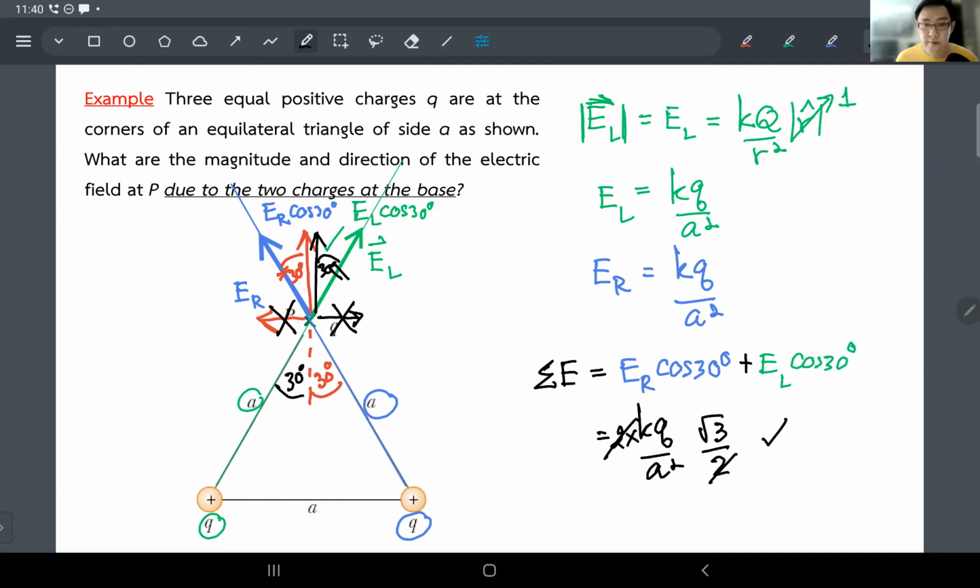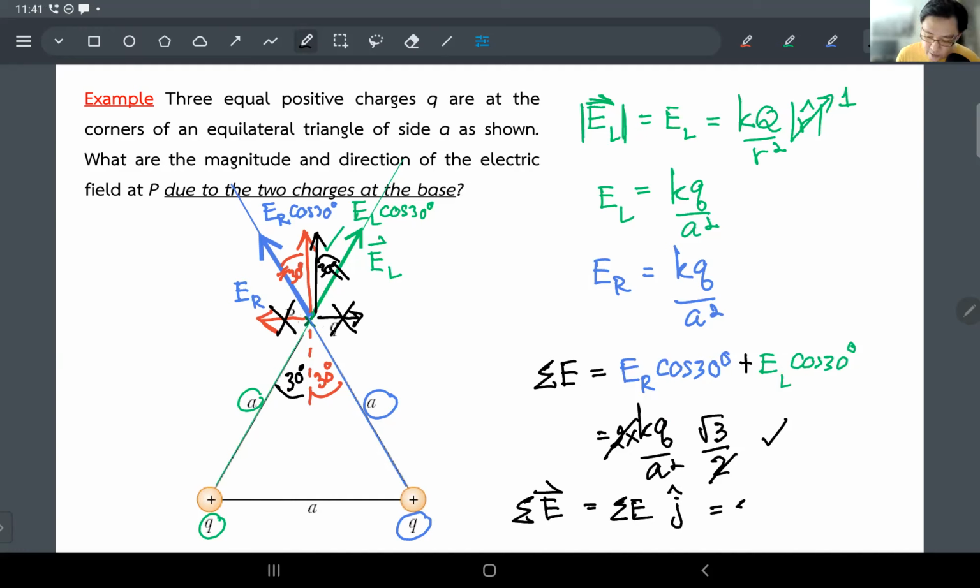If you want to write this down as a vector final answer, you can put the arrowhead on top, and say it's just that sigma E that you just found, and I just say j hat if you like. If you don't like the j hat, I'm not defining any x, y just yet.